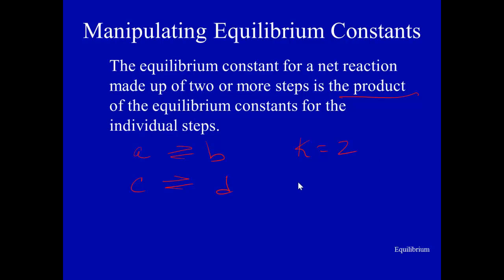Okay, if I were to add these two reactions, so now I have A plus C makes B plus D, okay, it's telling me my K is now equal to 2 times 4, which is 8. So when I add my reactions, I multiply my equilibrium constants, my Ks.